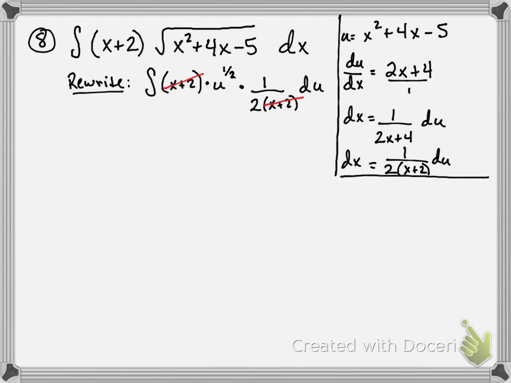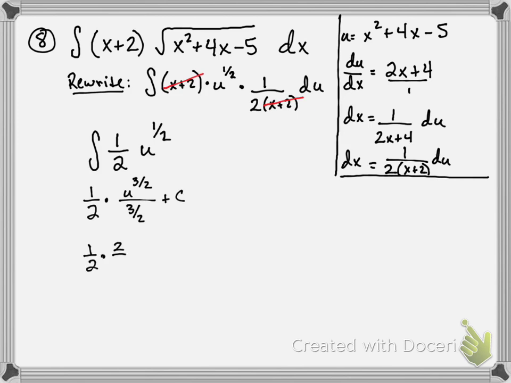Now I just have a derivative of that. So when we take the integral of this, that gives you 1/2 times u to the 3/2 all over 3/2 plus c, and that will give me 1/2 times 2 over 3 u to the 3/2 plus c.